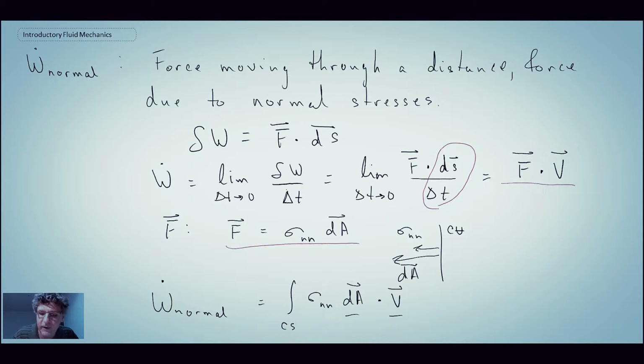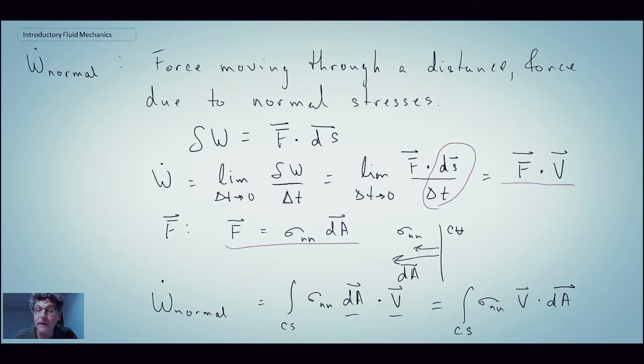It's a dot product, so it doesn't matter the order of that. And so we can go through and flip that. It'll make sense shortly why I'm doing that flip. But I'll just reverse the order of it. So we still have our normal stress multiplied by V dot dA. Okay, so that is normal work.